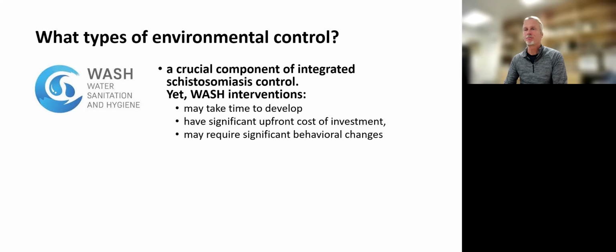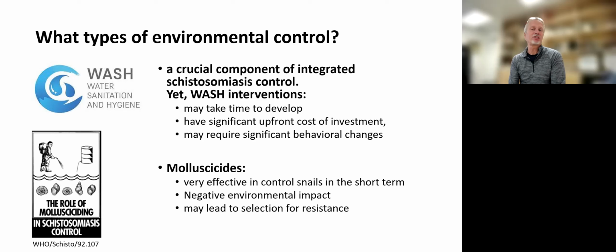we want to deploy. There is another alternative, which is just to use molluscicide, just try to kill the snails where they are. Using molluscicide is effective and controls the snails, at least in the short term, but it also has negative environmental impact. And in addition, as we know for any insecticide, and molluscicides are not that different, it might eventually lead to selection of resistance.